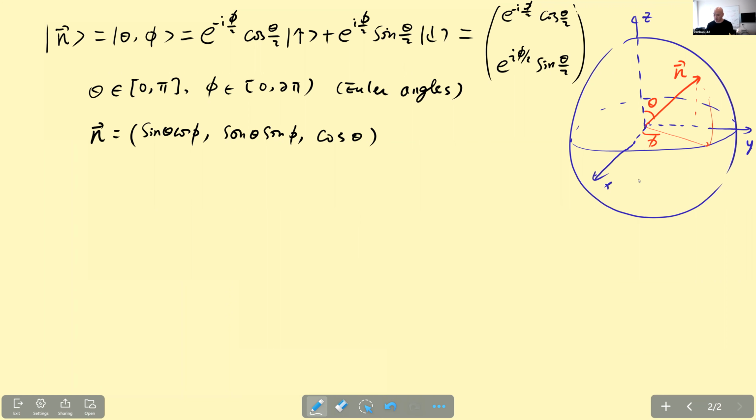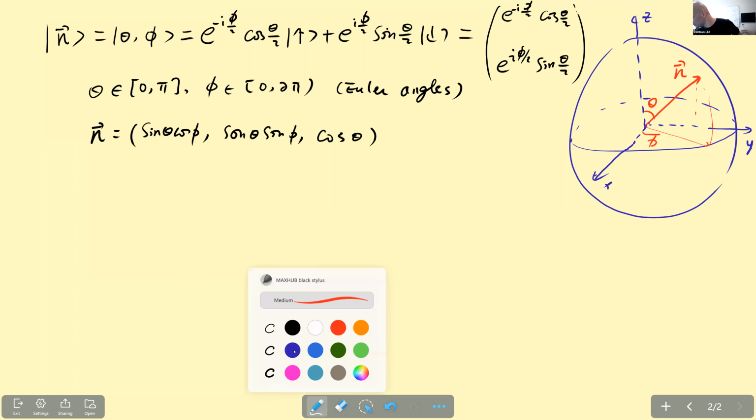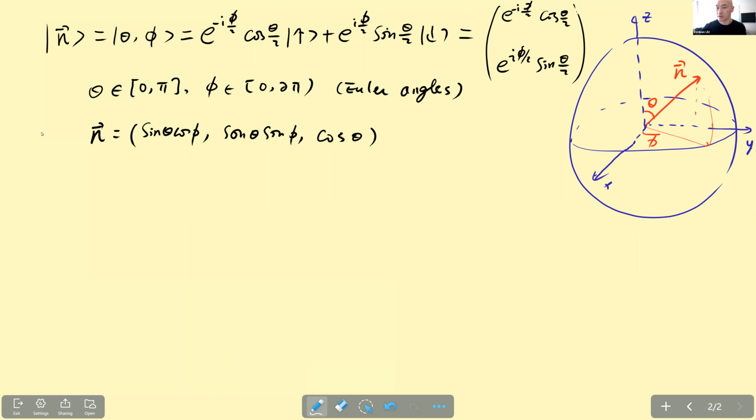This vector is called the Bloch vector. That is the general state that we can have in this two-dimensional Hilbert space, corresponding to the experiment where we have two possibilities.